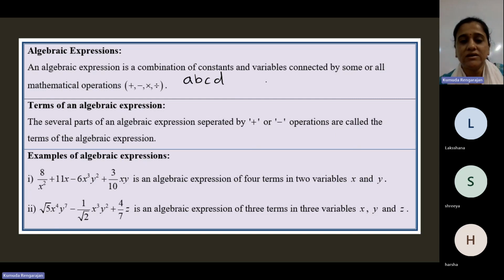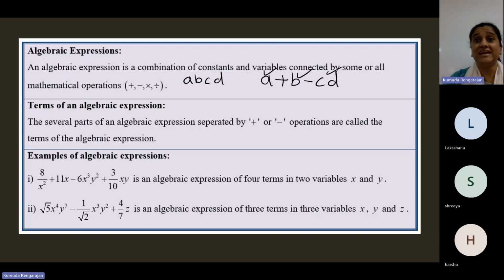But in A plus B minus CD, plus is a separator, minus is also a separator. So now count the terms: 1, 2, 3. CD is one term because it is C into D, and multiplication is not a separator. So terms of an algebraic expression are separated by the plus sign or the minus sign. Is that fine? Not multiplication or division.